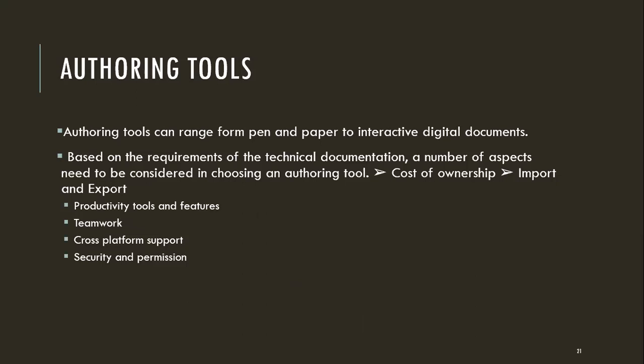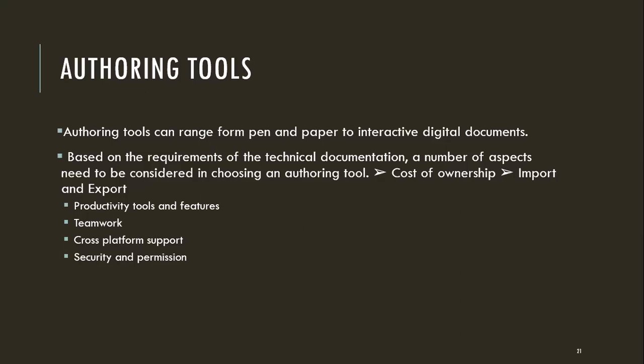The authoring tools can range from pen and paper to interactive digital documents. You can do your authoring with a pen and paper, or at the most advanced stage, you can do it on an interactive digital document, right? Based on the requirements of the technical documentation, a number of aspects need to be considered in choosing an authoring tool. If it is to be circulated by hand, you will use pen and paper.